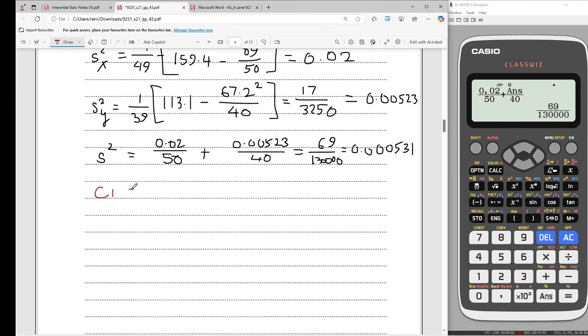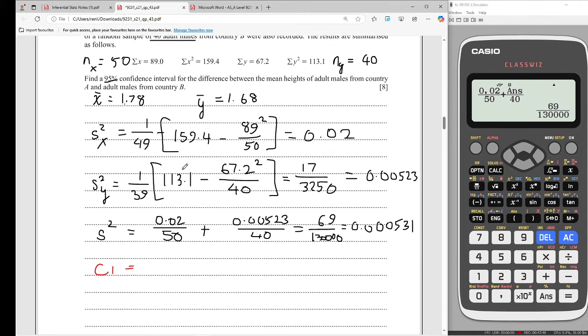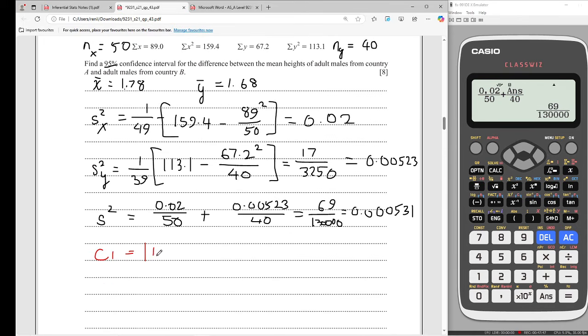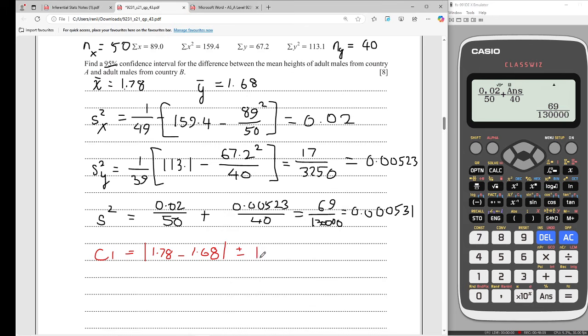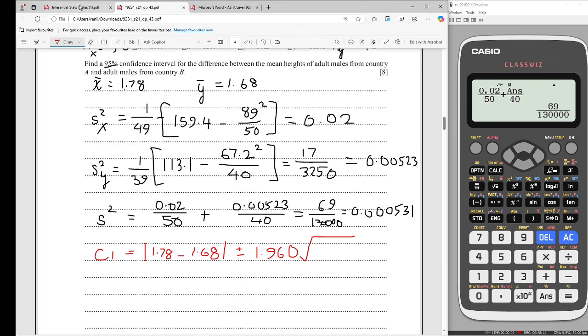So now let's calculate the confidence interval. So CI is equal to mean x minus mean y, the modulus of that. So 1.78 minus that with 1.68. Okay, we take the modulus plus or minus. Now we use a Z or T value, but since we're using the critical value from the normal distribution here, we use 1.960 times the root of S2.